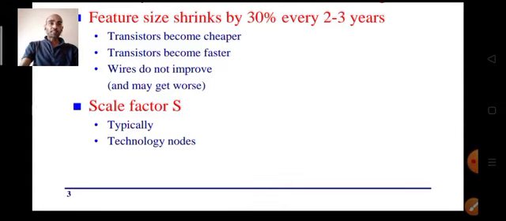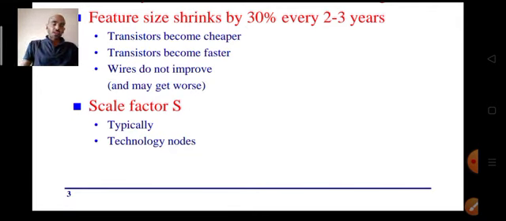So it should become 0.7 L and 0.7 W. When you multiply them together, it will become 0.49 of whatever the previous area was. So the new area A dash will become 0.5 of the old area, so 0.5 A, let's say. So you see, your area is reduced to half, but to reduce that area to half, your device dimensions get reduced by 30%.